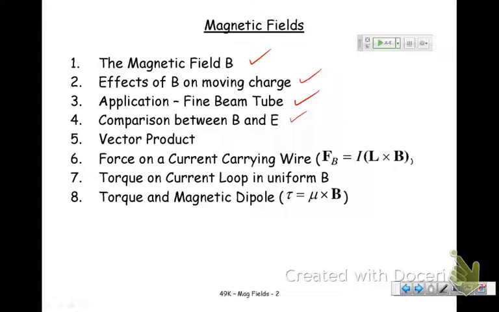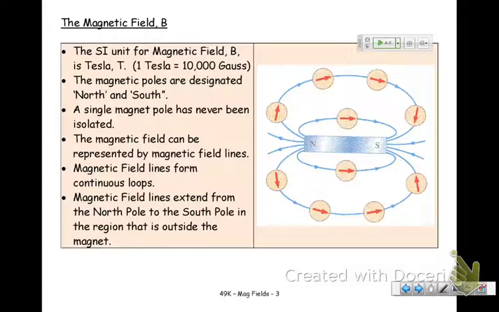Then we'll remind ourselves of the situation when we have two vectors that multiply together and give us a vector, which is a vector product, or the so-called cross product. We're going to use that in a lot of cases. So we have the force and a thing called the magnetic dipole moment. So that's where we're going to go.